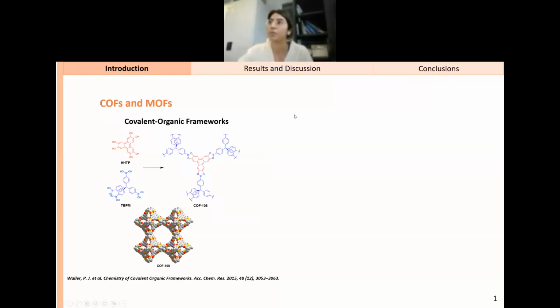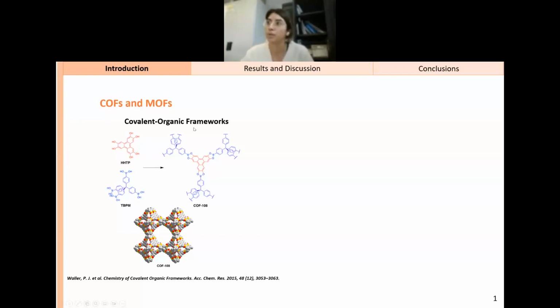COFs are covalent organic frameworks. These are a class of materials that can be two-dimensional or three-dimensional, and they are built from organic building blocks. The characteristics of this type of materials are the crystallinity and also their porosity. Depending on which building blocks you're using, you can modulate the pore size and the properties of these materials.